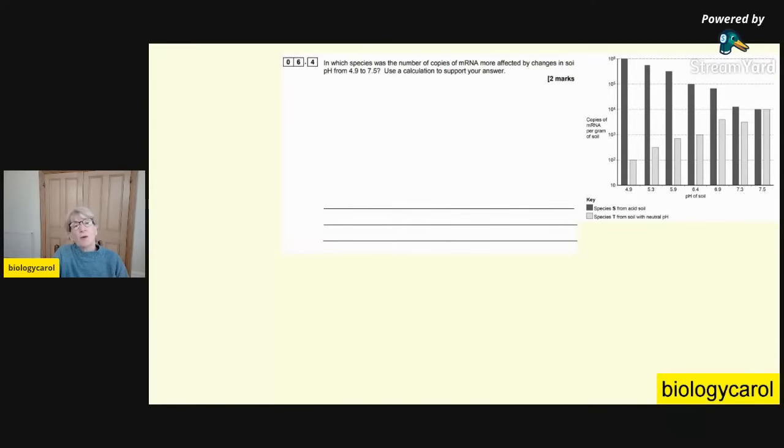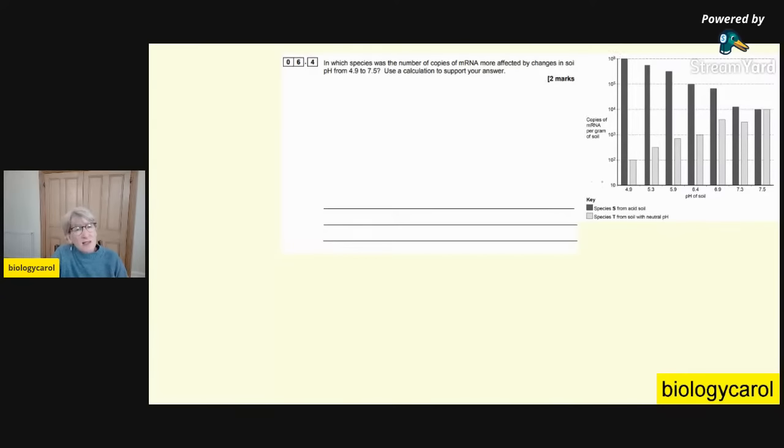Now, which was more affected? Well, I'm kind of going, okay, for S, we're going from 1 times 10 to the 6 to 1 times 10 to the 4. And from here, we're going from 1 times 10 to the 2 to 1 times 10 to the 4.